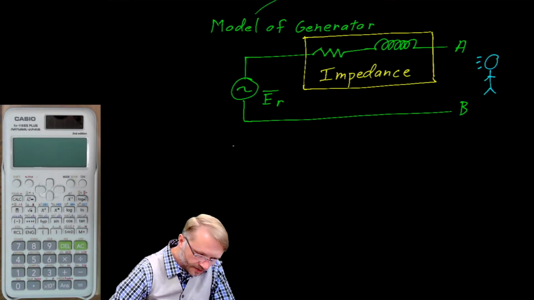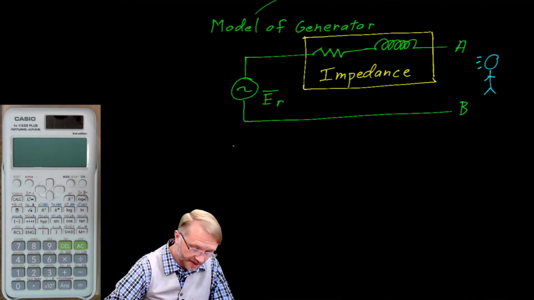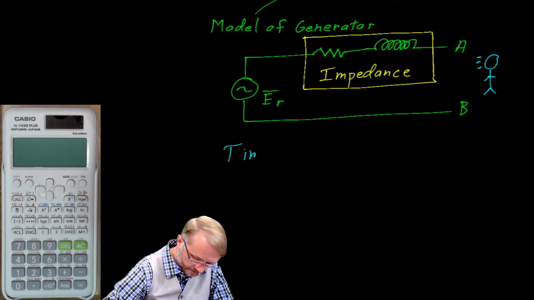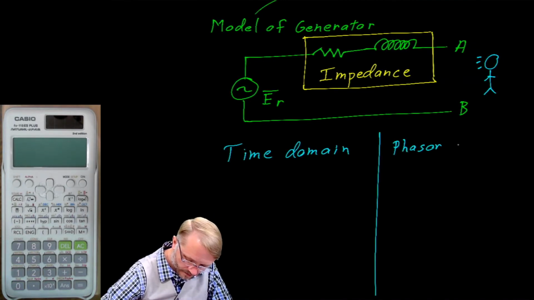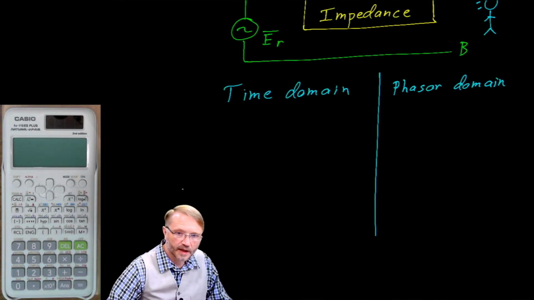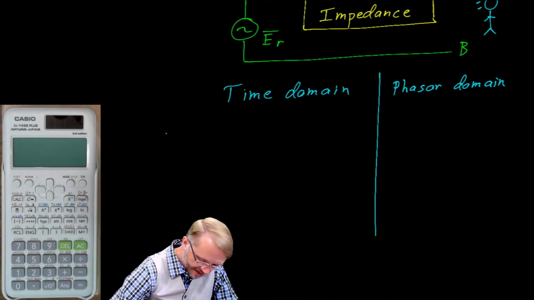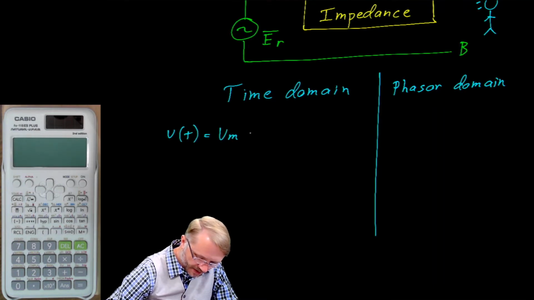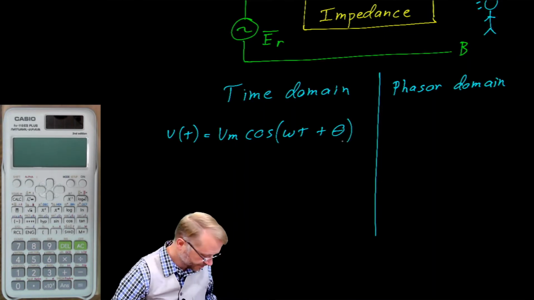Some new terms. We want to talk about time domain and phasor domain. A time domain equation might look like this. Voltage as a function of time is equal to some maximum voltage cosine of omega t plus theta.